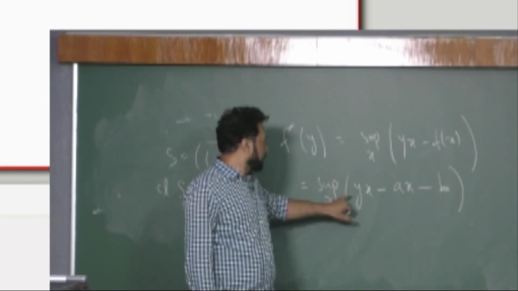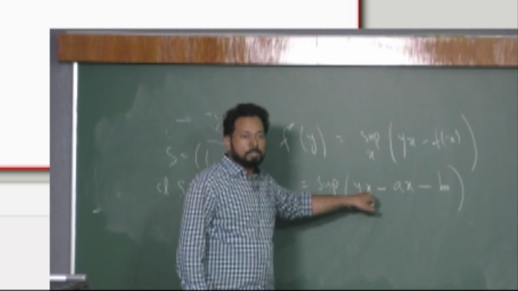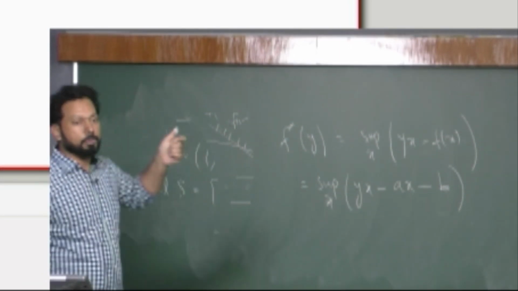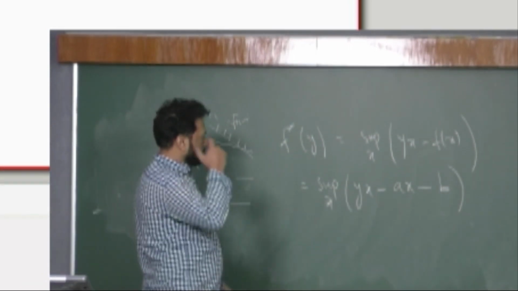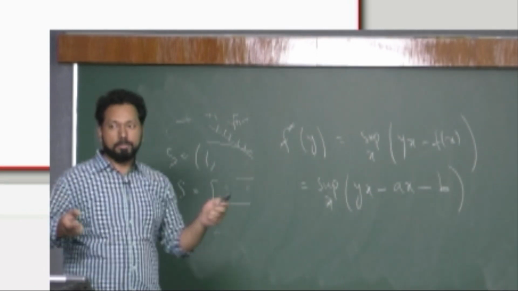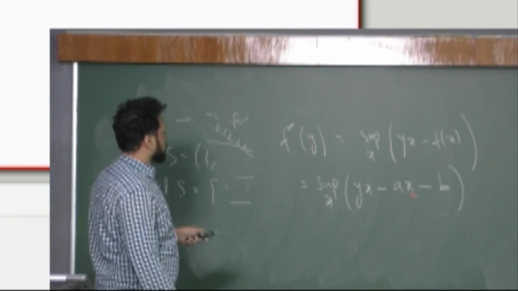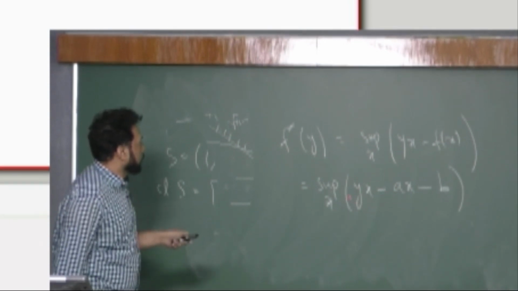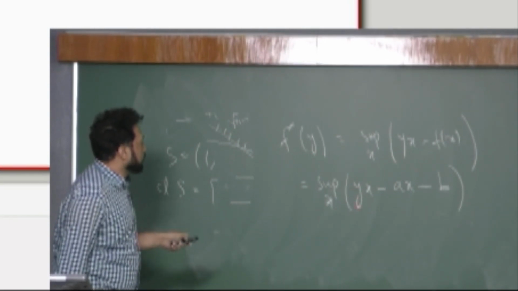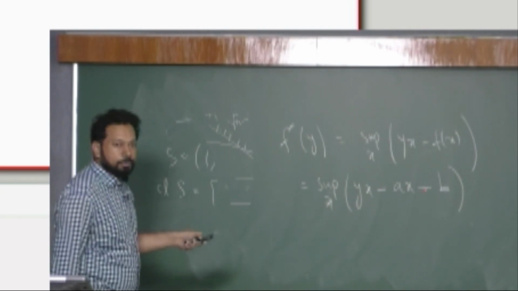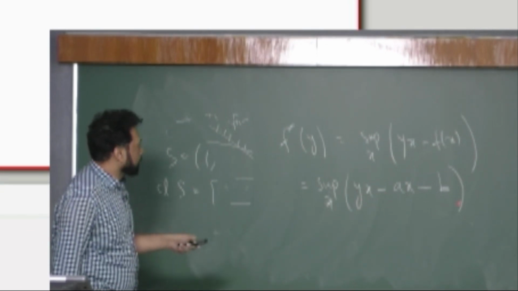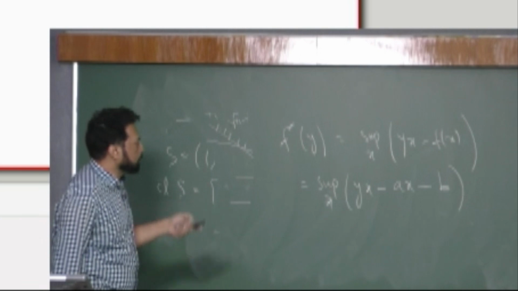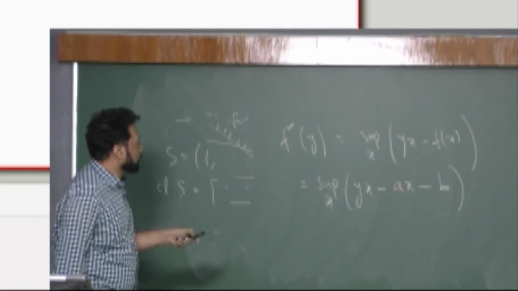Do you have leverage with x that will necessarily make it go to infinity by changing x? Obviously you have leverage over x. Is it possible that I choose x in a way that for a fixed y it does go to infinity? You can assume b is a constant, a is a constant.